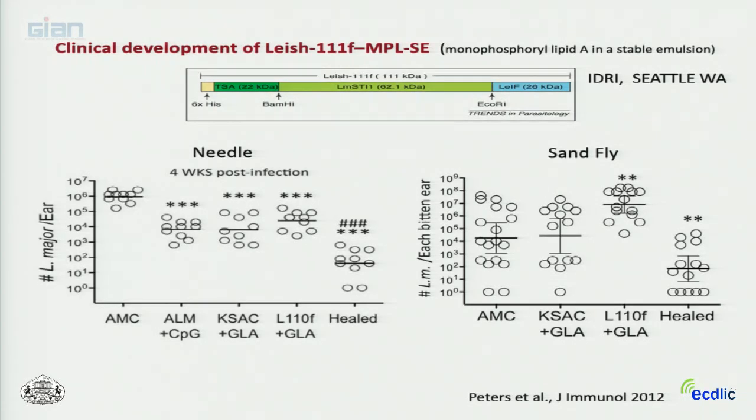And I think it's 4 weeks post-challenge. And this formulation of the recombinant vaccine actually made things worse. Okay. But healed mice conferred the best immunity, again, against needle challenge, and importantly, healed mice also protected against natural sandfly challenge.